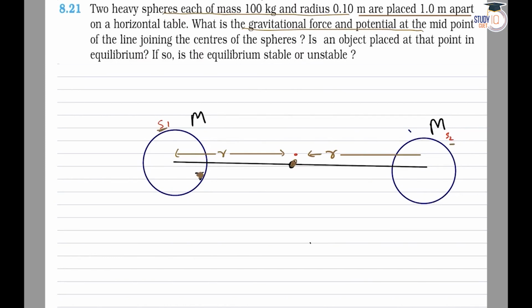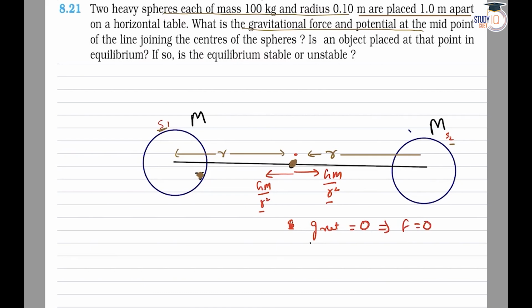The gravitational field due to S1 at this point is GM by r square, and due to sphere 2 is also GM by r square. As both have the same value of r and act in opposite directions, the net gravitational field g net would be 0. Net gravitational field would be 0. This implies force would also be 0.